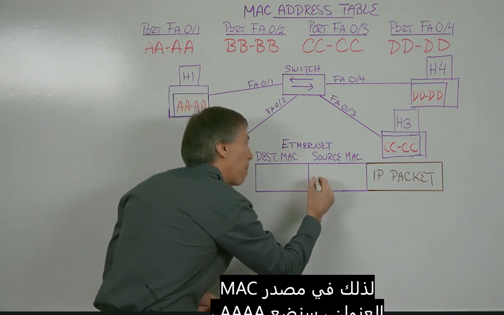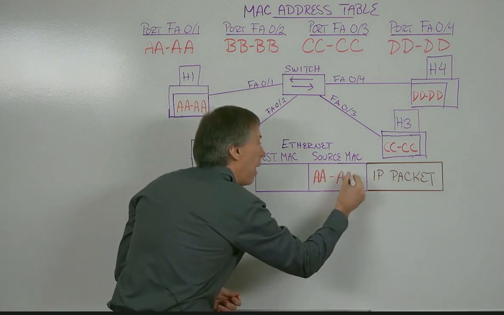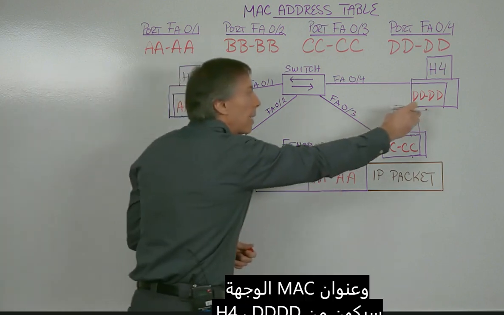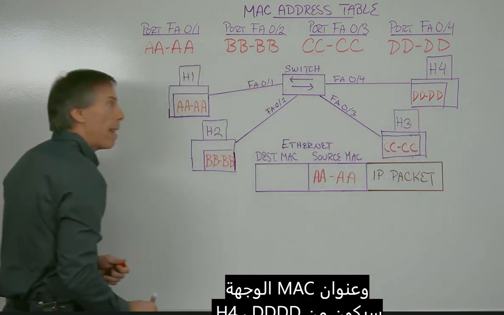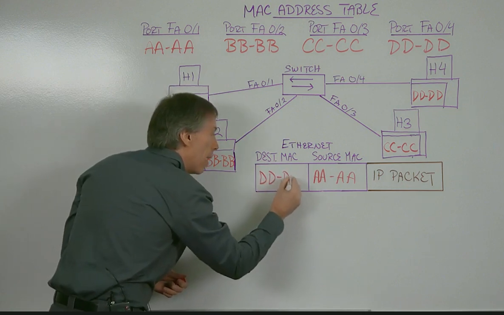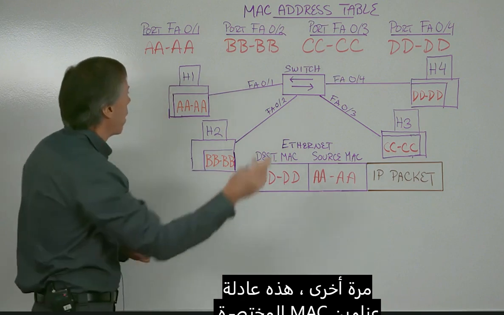So in the source MAC address, we'll put AAAA, the MAC address of H1, and the destination MAC address will be that of H4, DDDD. Once again, these are just abbreviated MAC addresses.